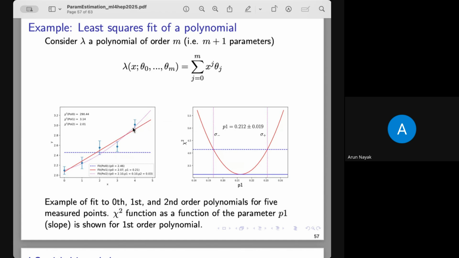So in this case, there are 5 measurements, and you are fitting a function with 2 parameters. So the number of degrees of freedom that you calculate is basically the number of measurements minus the number of parameters. So that gives you the number of degrees of freedom.